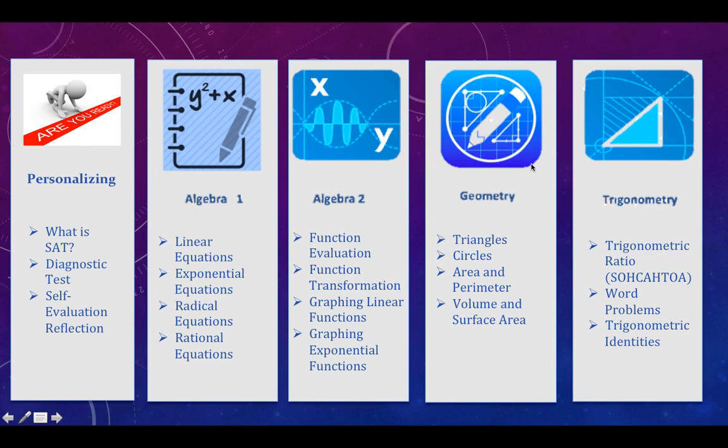Other sections such as Algebra 2, Geometry, and Trigonometry will have similar activities in each skill. Just to give you a feeling of how they look, I'll shuffle through the questions and activities quickly.